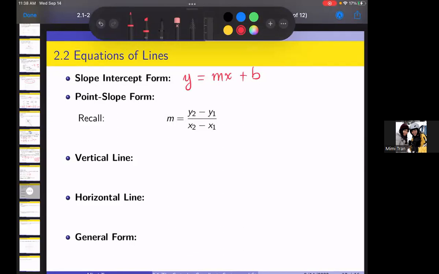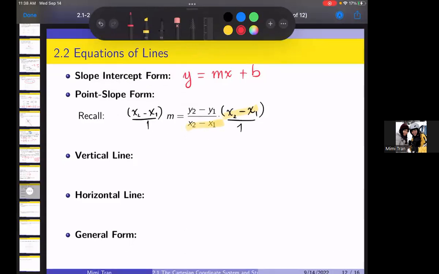the point-slope form is derived from the slope formula. So say I multiply both sides by x2 minus x1. A lot of times you see me write over 1 like this. I have a habit of doing that. Now you can simplify, right? This one with this one.